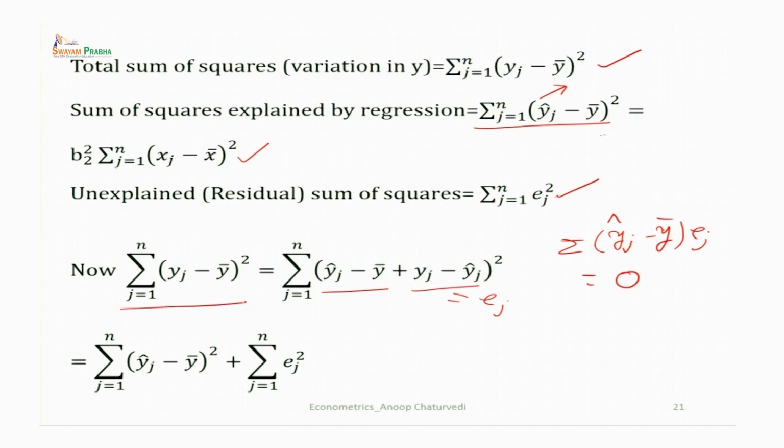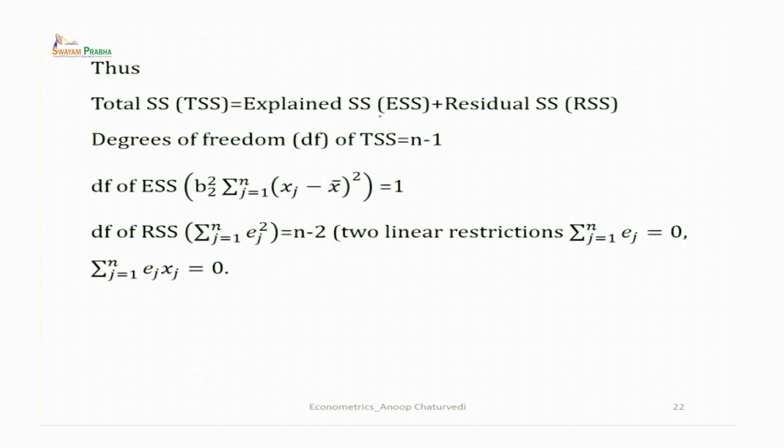So, this total sum of squares is equal to the explained sum of squares, or the sum of squares explained by the regression, plus the unexplained or residual sum of squares. Total sum of squares is equal to explained sum of squares plus residual sum of squares.